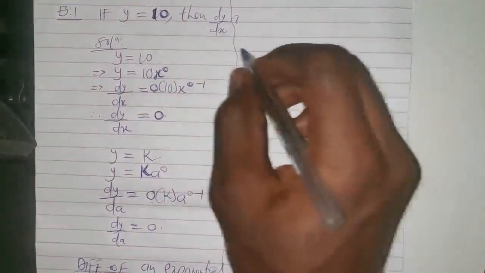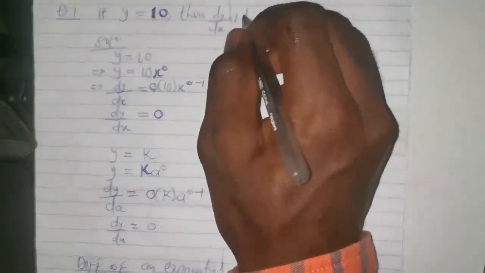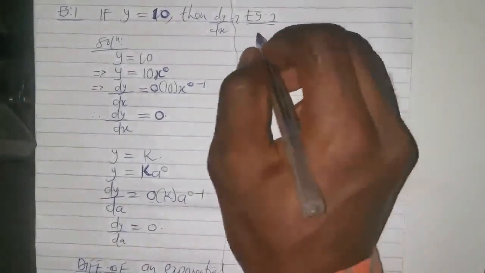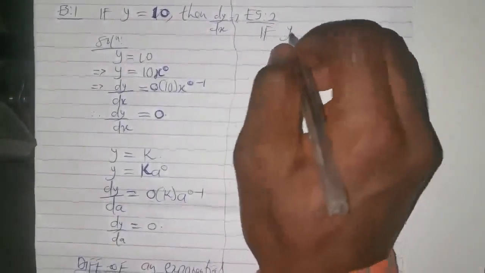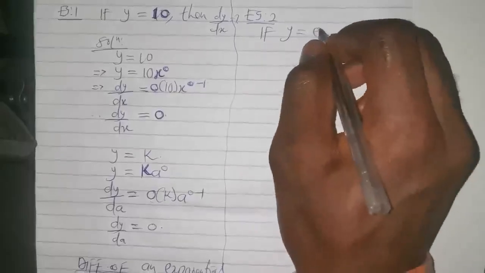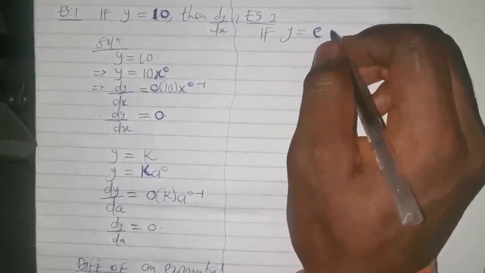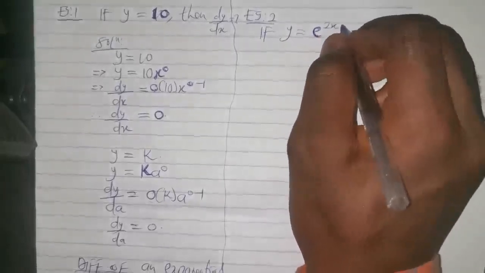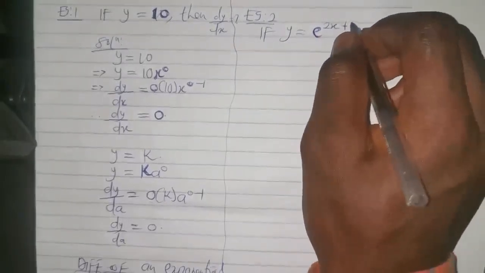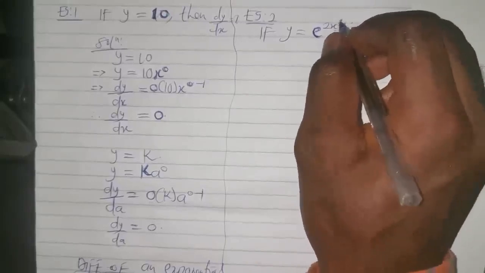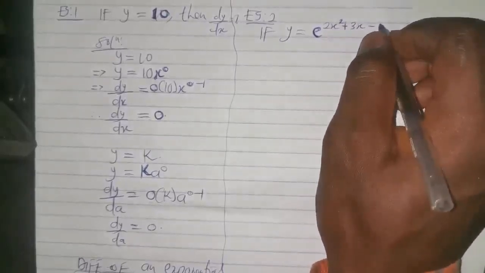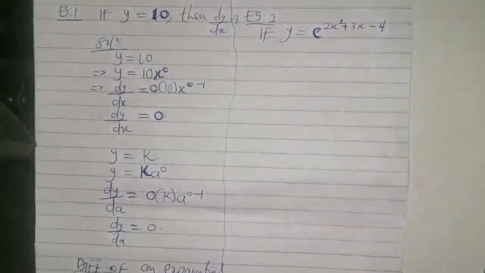So let me say example 2. If y is equal to the exponential e to the 2x squared plus 3x minus 4, how would that one be?